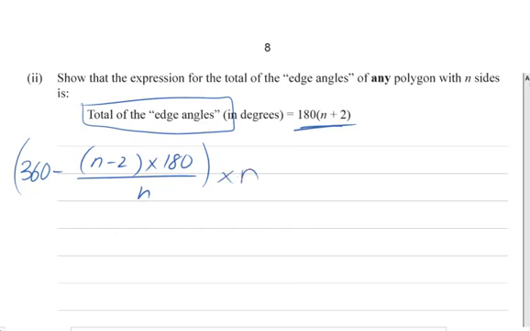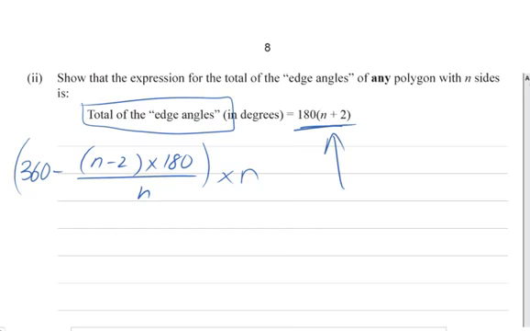So that first step there is the hardest part of your work from a geometry point of view. The rest of this is algebra. We need to simplify it until it looks like 180 times n plus 2. Why do we have 360 minus the angle? Because that gives us one of the outside points, and then by timesing it by 9, that gives us all of the outside points.